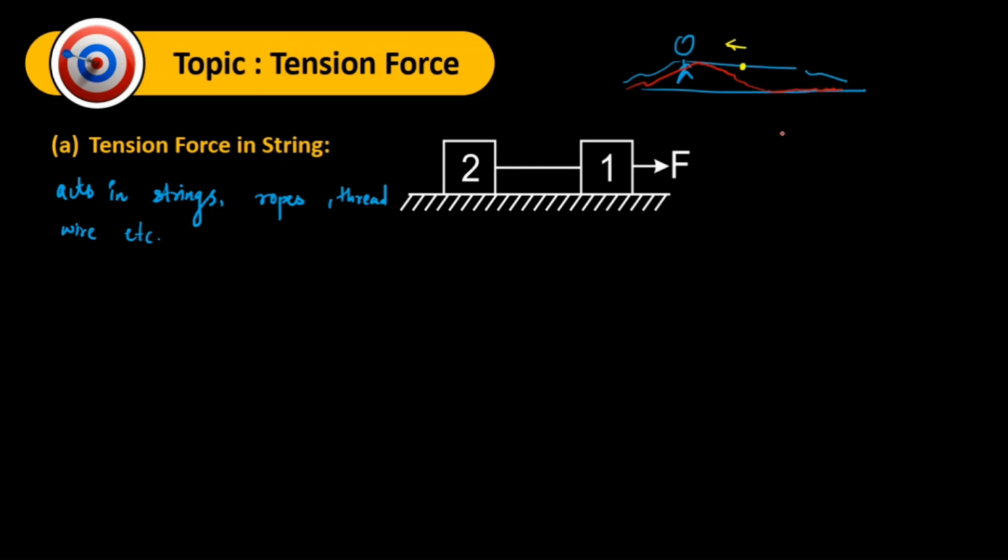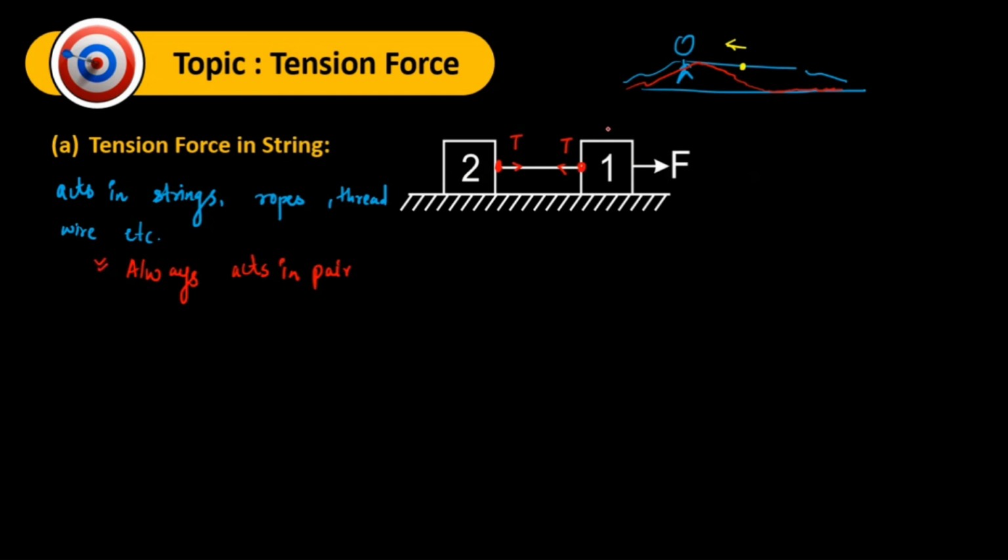So the tension is something which comes into existence when the rope is fixed from both ends, like in this case. If I apply the force in this direction, as the object is connected with another object through a rope, this rope will automatically have some tension. That tension is represented by T, and it always acts in pairs, in opposite directions.